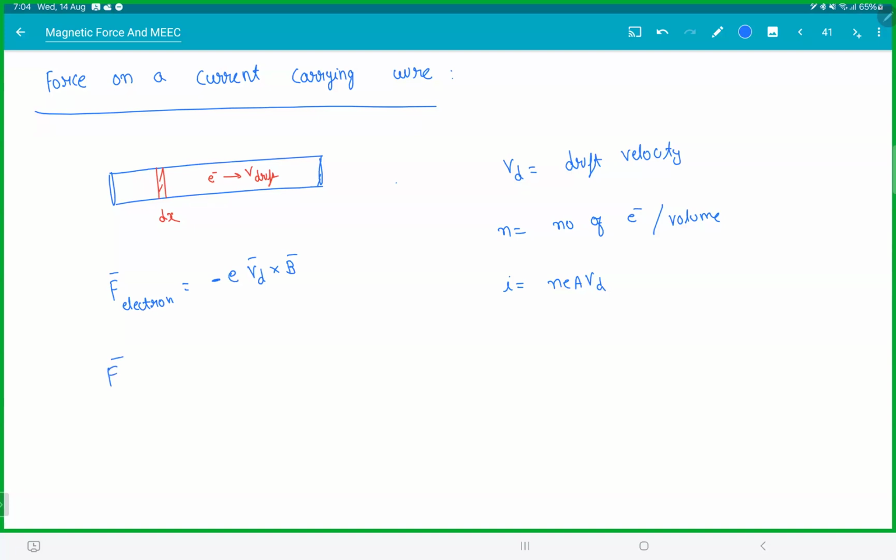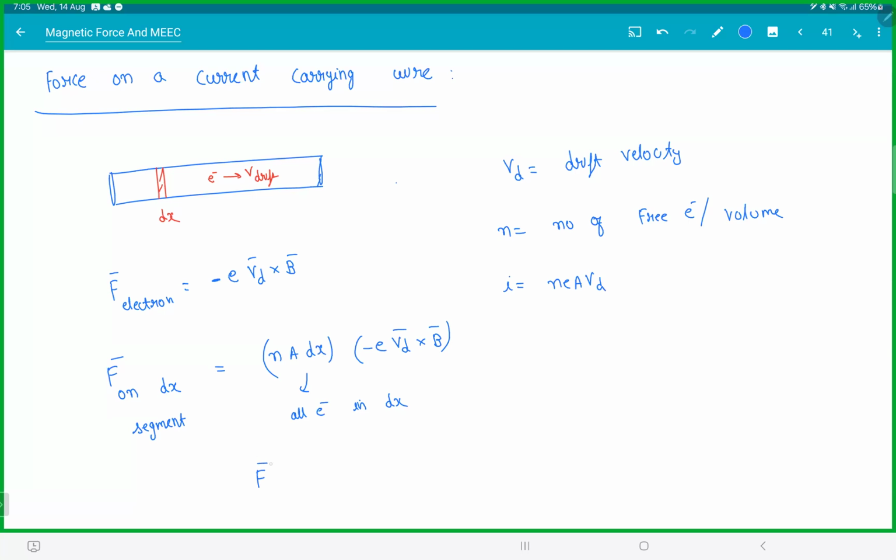And if you take the force on a dx segment, then you should take all the electrons in the dx segment, which is n into A into dx into minus e into v drift cross B. This is all electrons in the dx segment, the free moving electrons basically. I should say number of free electrons per unit volume. These are the electrons which are responsible for the current.